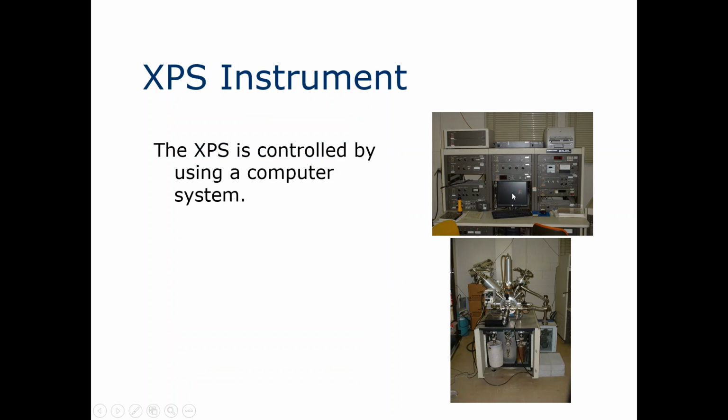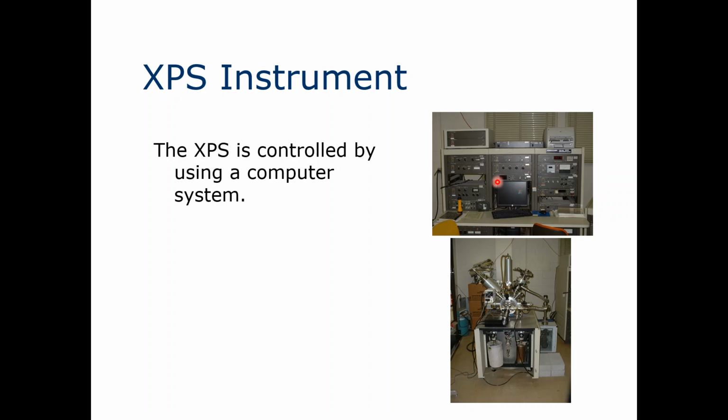Here you can see we have a computer system. The XPS is controlled by using a computer system. This is a typical computer system utilized for XPS analysis with the XPS instrument.